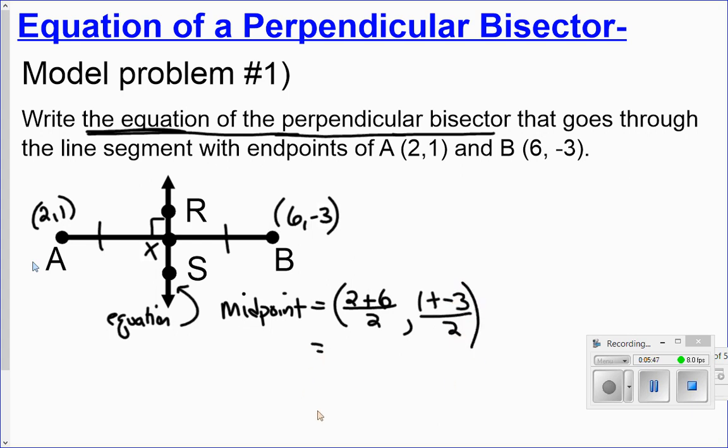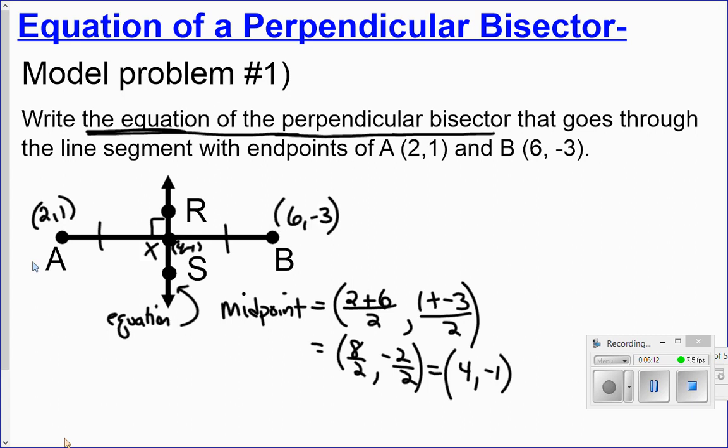So when I simplify that, I'm getting 8 over 2, and -3 plus 1 is -2 over 2. So that gives me 4 and -1. So now I have the coordinates of the midpoint, which are (4, -1). So I could think of that as (4, -1) there, point x.